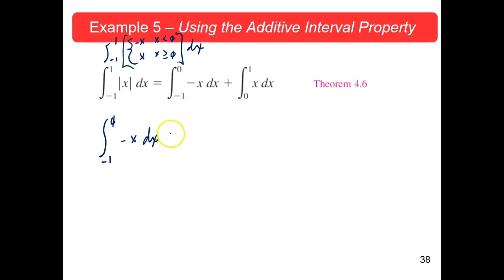Dx, okay? Plus the integral from 0 to 1 of x dx, okay? And that's exactly what they've got here, and that's how they got it. From taking the definition of your piecewise defined function.